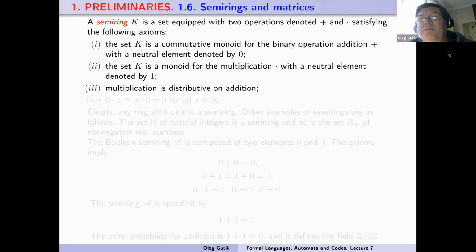Multiplication is distributive over addition. What does it mean? This means the following. If A, B, and C are elements from K, then we have A dot (B plus C) is equal to AB plus AC.